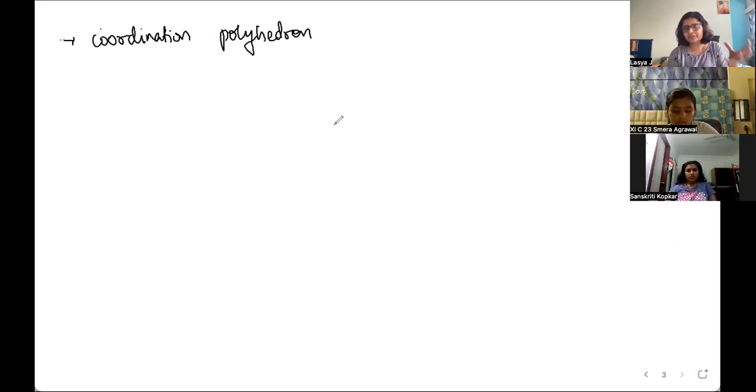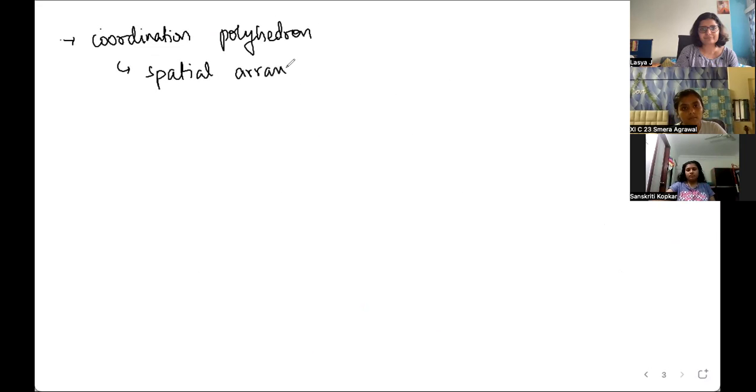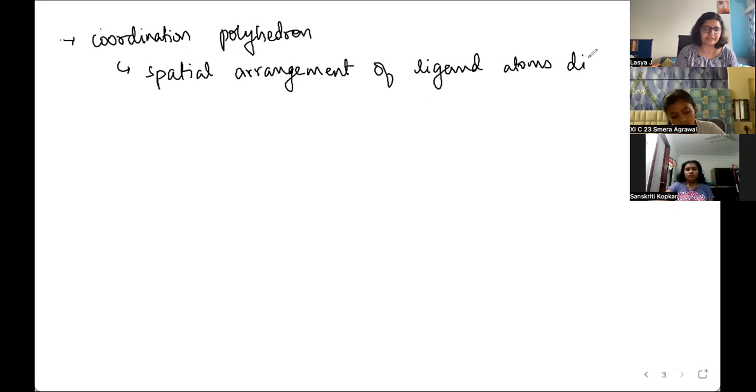Polyhedron is when we're directly talking about the molecule. It references the spatial arrangement of the ligand atoms directly attached to the central metal atom.